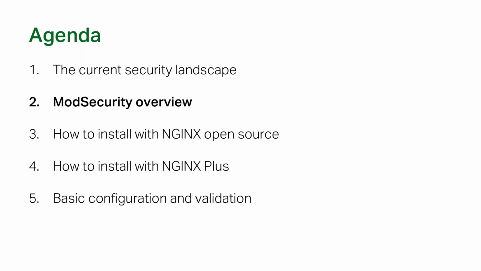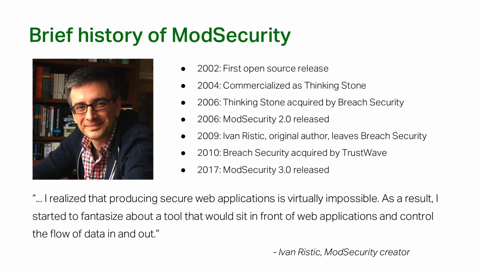So we talked about vulnerabilities, we talked about ways to protect against those vulnerabilities, and I alluded to ModSecurity. ModSecurity is the most widely deployed web application firewall on the planet. It's an open source project. It was first released in 2002, around about the same sort of time that NGINX was first developed.